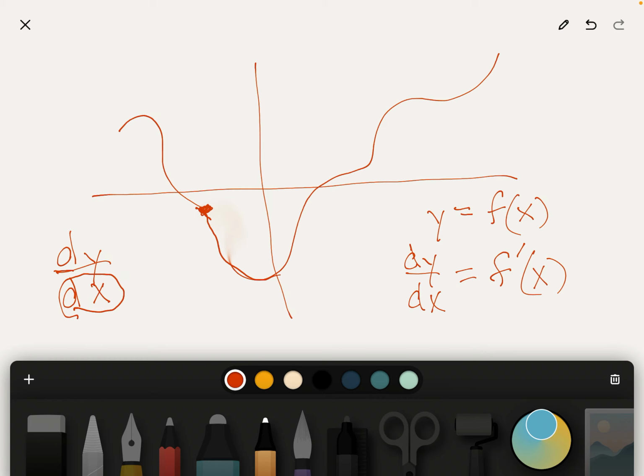So dy dx, let's take this point here, is going to be a line sloping downward, so it's negative. You can see that right away. And effectively, this line is the tangent at that point.